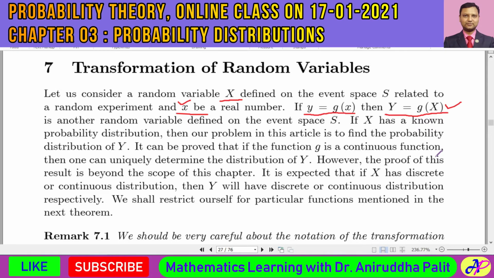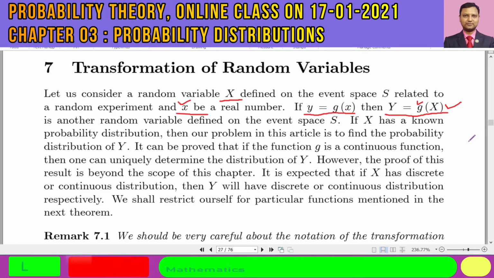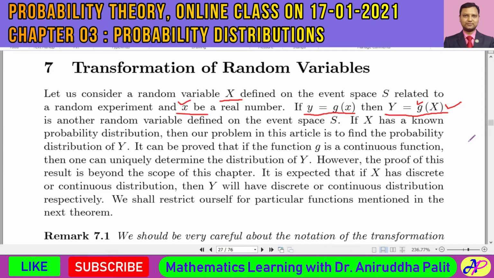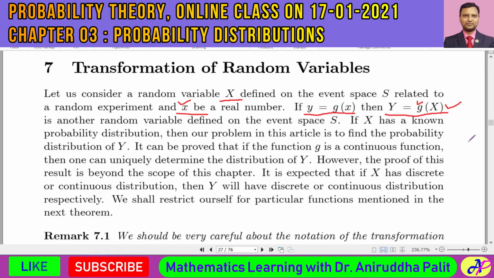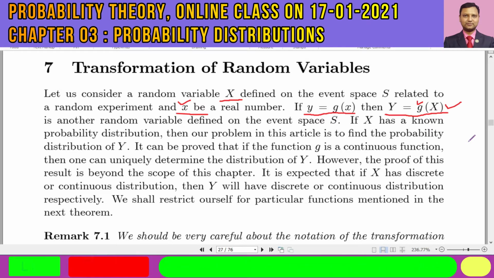Now it can be proved that if this function g is a continuous function, then we can uniquely determine the distribution of Y from the distribution of X. But the proof of that result is very difficult, and we are not going to discuss it. We are going to discuss a particular case of that result.